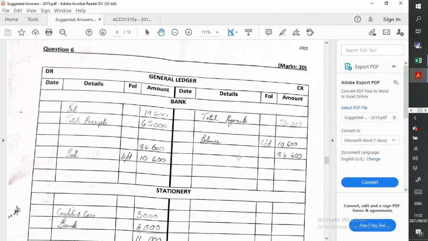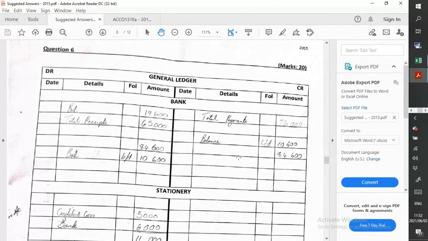Then finally, we have the creditors journal, right? And there, again, they haven't given us the total on the creditors control. So what we then have to do is to say, okay, how much did we spend on credit purchases? We know that we spent 10,000 on trading stock or trading inventory, and we spent 5,000 on stationery.